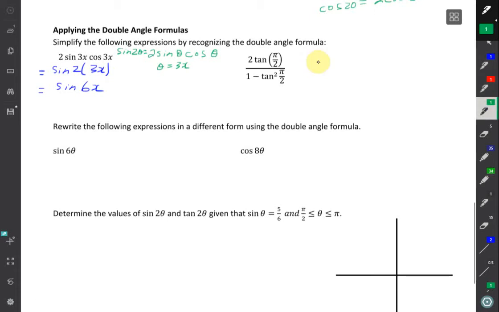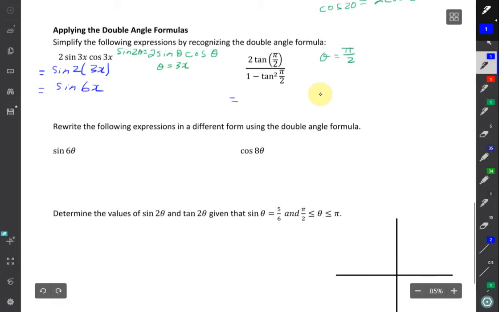Looking at this expression, we know that tan 2 theta equals 2 tan theta all over 1 minus tan squared theta. So what we're saying here is that theta is pi over 2. This expression can be boiled down to the tan of 2 times theta, which in this case is pi over 2. This equals tan of pi.